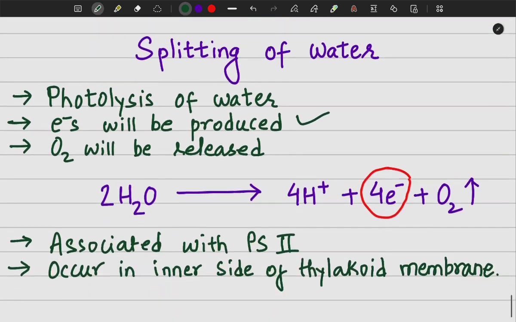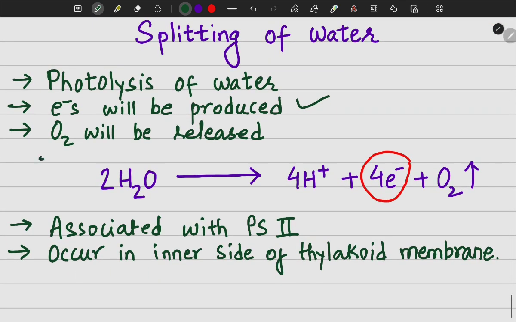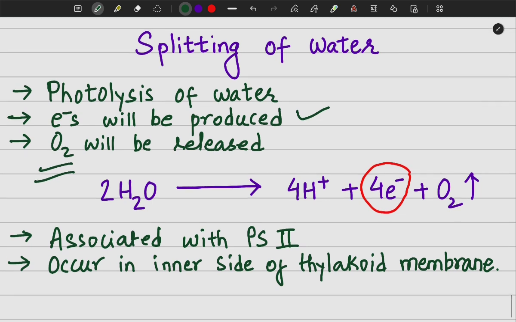As well as that, splitting of water also produces oxygen gas, and oxygen is a byproduct of photosynthesis and is very essential for all the living beings on the earth. Hence, splitting of water has its own importance, and it is associated with photosystem 2 only, and it occurs in the inner side of the thylakoid membrane.